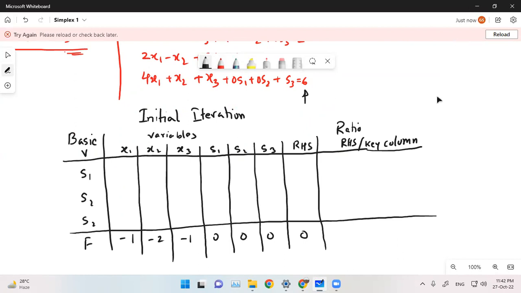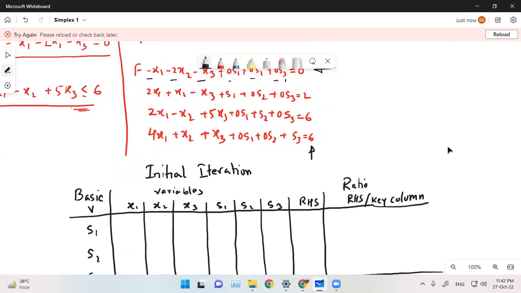Second one, that is S1. For S1, these are the coefficients we have to take: 2, 1, -1, then 1, 0, 0. And the right-hand side value is 2.